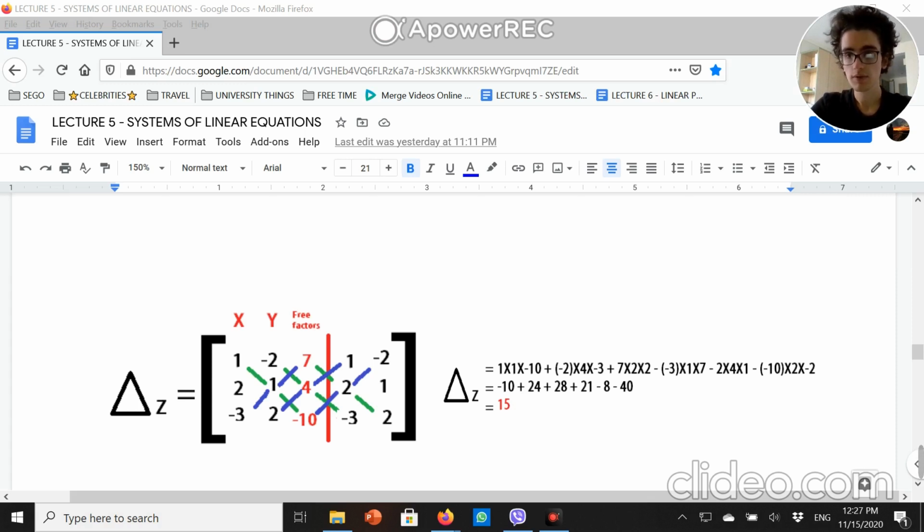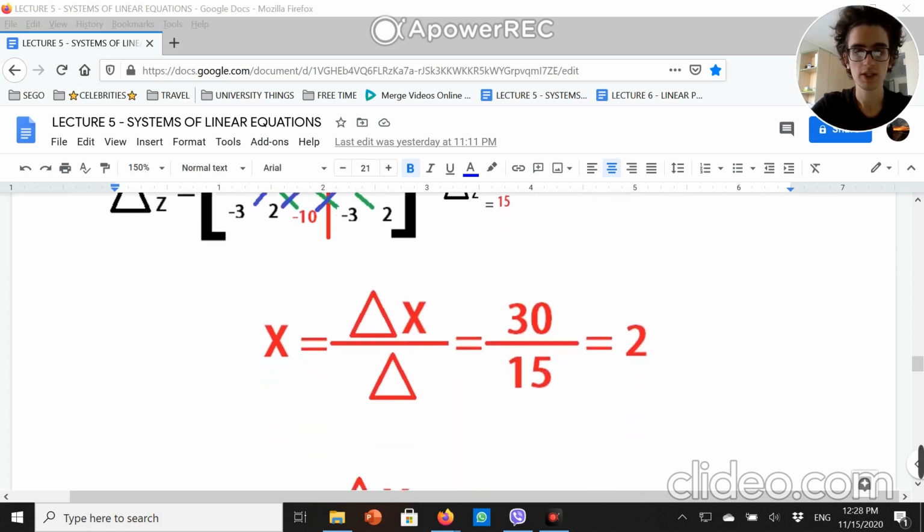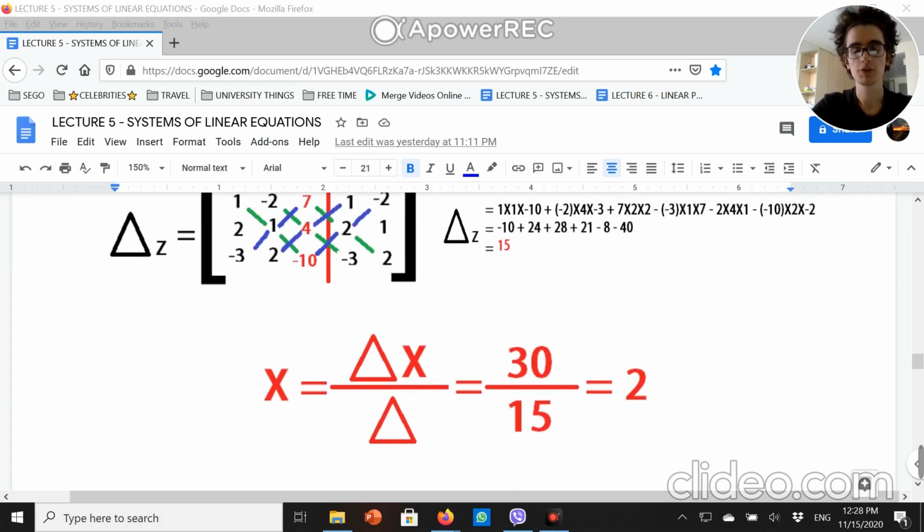So now we have values for delta x, delta y, delta z, and delta. So how are we going to use these values to calculate our x, y, and z? Easy. In order to calculate our x, we would divide delta x by delta. So the value of our delta x is 30, divided by the value of our delta, 15, and we would get that x equals 2.